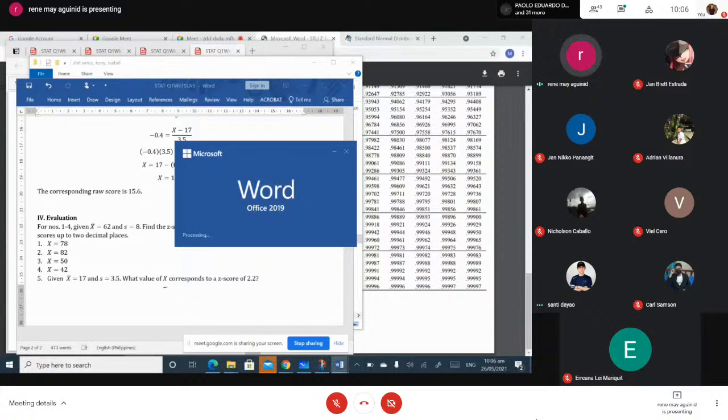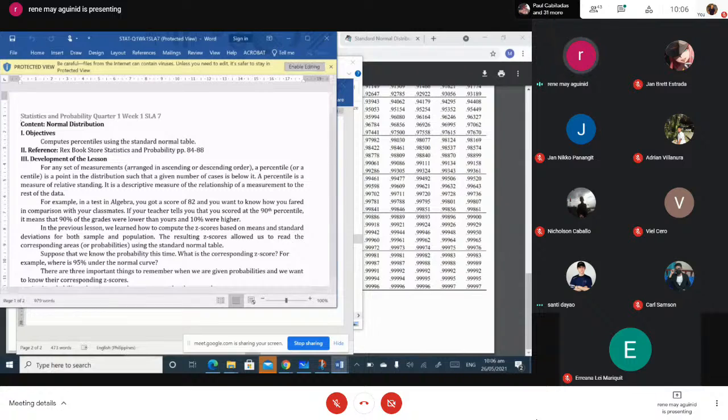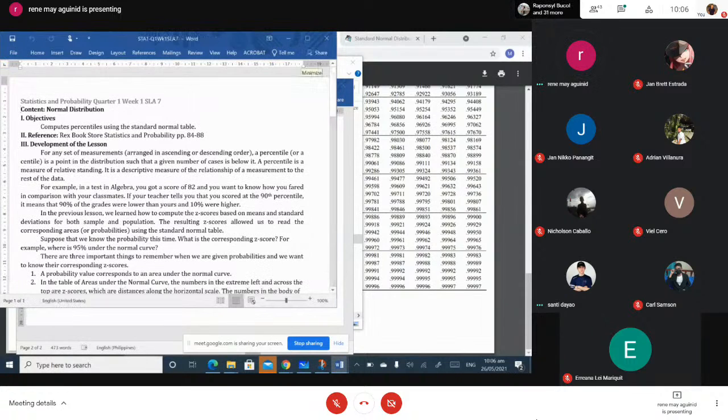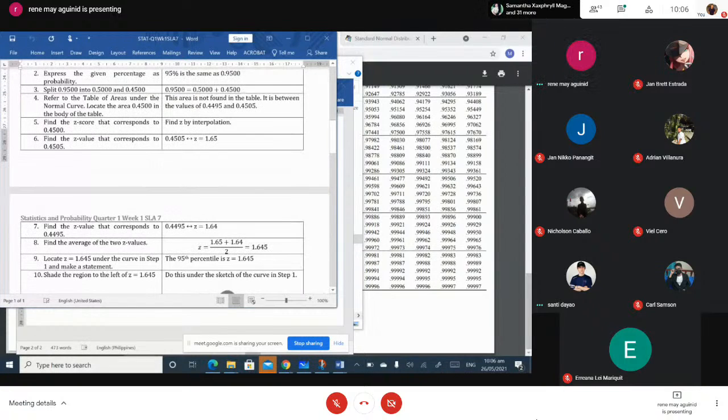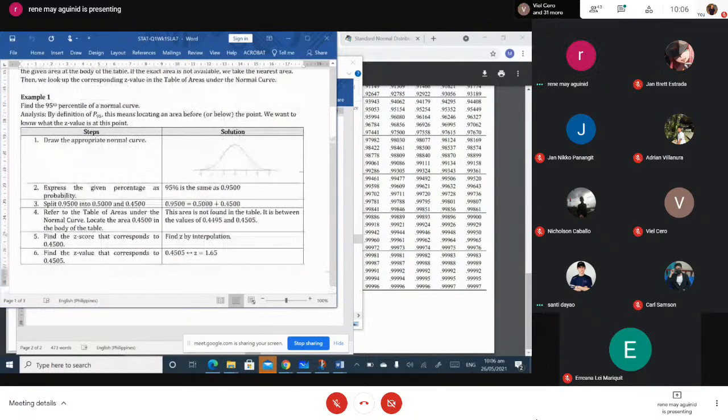Okay, last na SLA. SLA 7. Compute percentiles using the standard normal table. Find the 95th percentile of the normal curve.